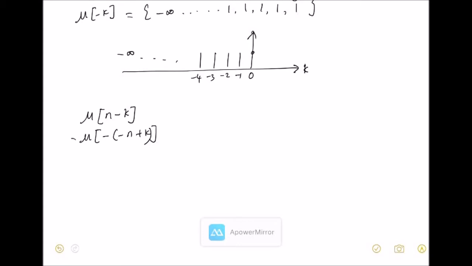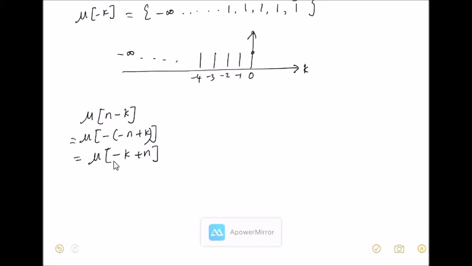I can rewrite u[n minus k] into u of the bracket minus n plus k, or I can write it like u[minus k plus n].